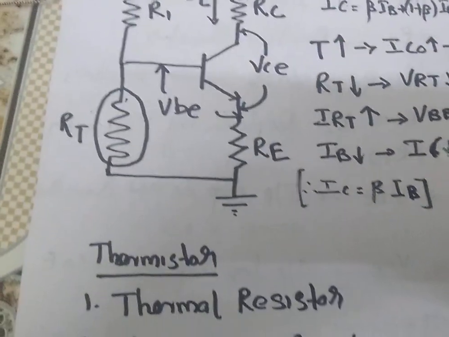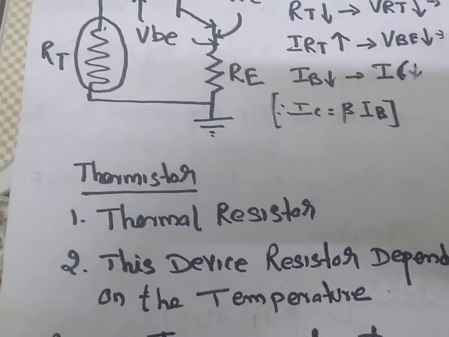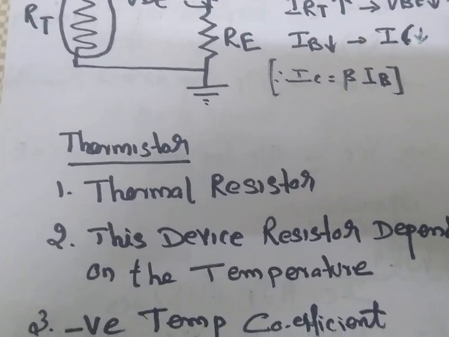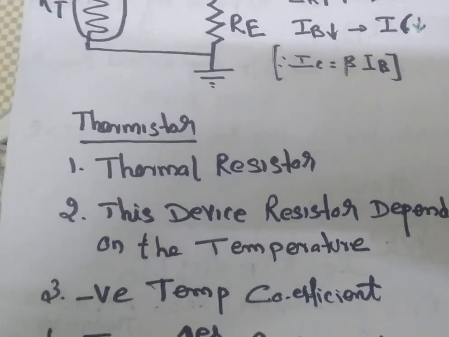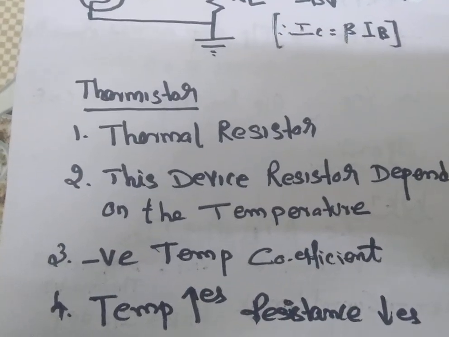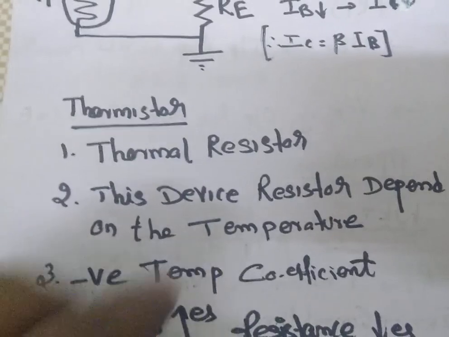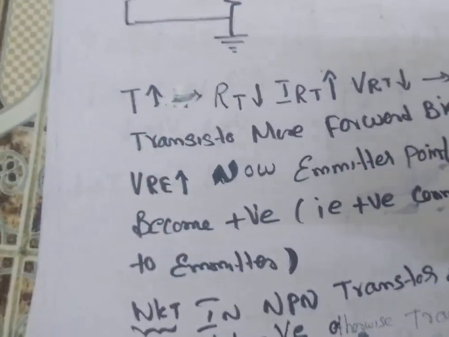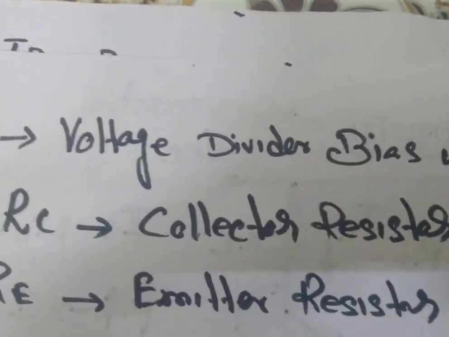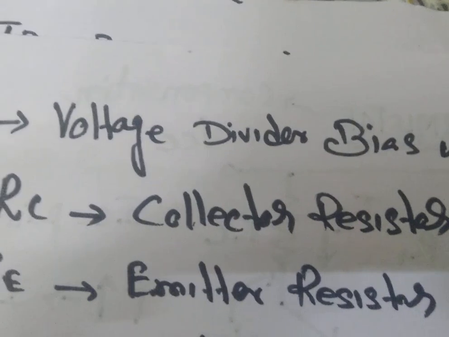Okay. Thermistor, a thermal resistor: this device's resistance depends upon the temperature. Next is negative temperature coefficient. What is negative temperature coefficient? Temperature increases, resistance decreases. Here voltage divider bias is used.